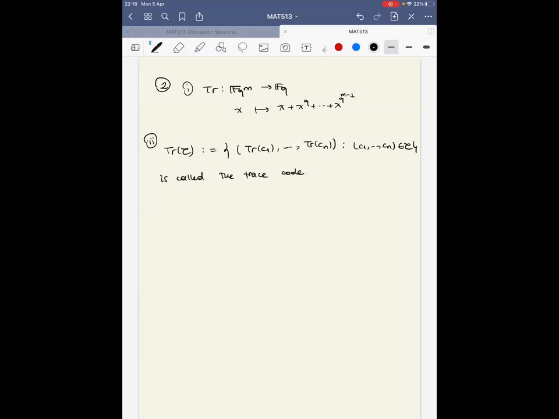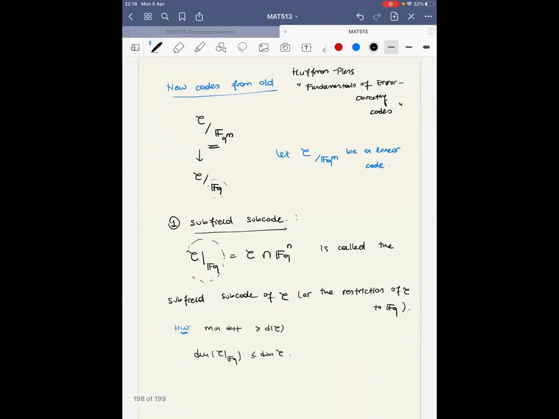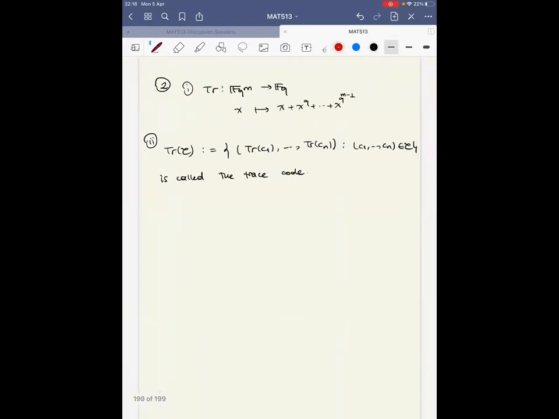And obviously, the subfield subcode has length n. And in this case, the trace code also has length n. And similarly, as a nice exercise, the dimension of the trace code is at most m times the dimension of C. But to conclude something about its minimum distance will be difficult.